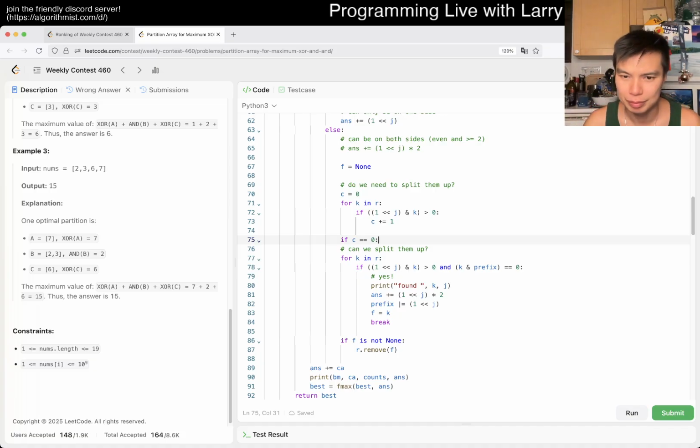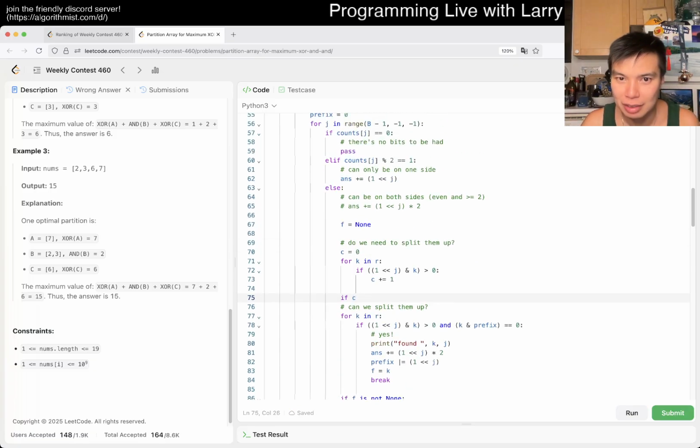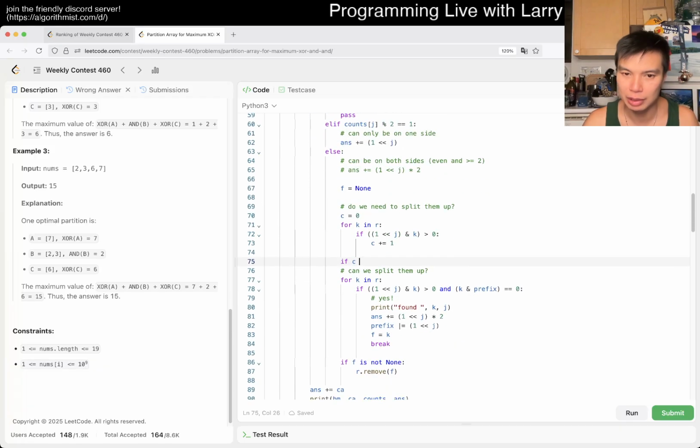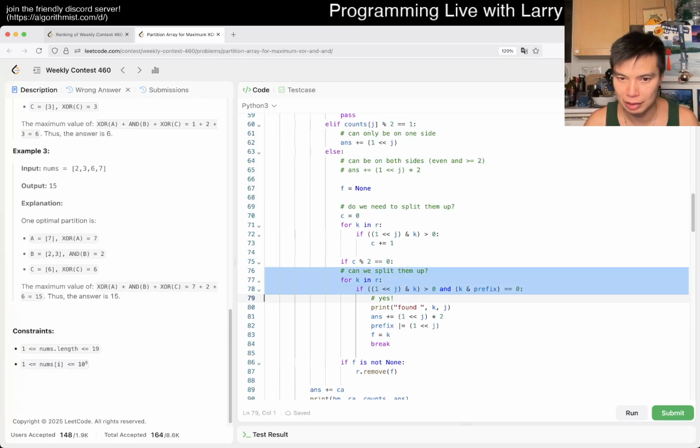Try to do math. Okay, so the even number of ones in total. So if this is odd, that means that half of them are already removed, or on the other side, if you will. So if this is equal to 0, then we have to consider splitting them up.